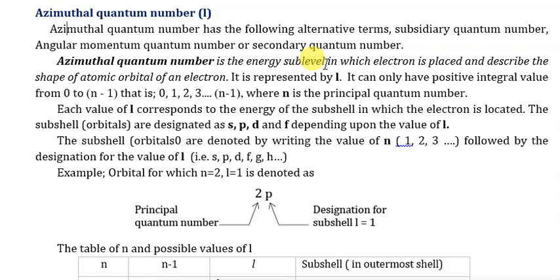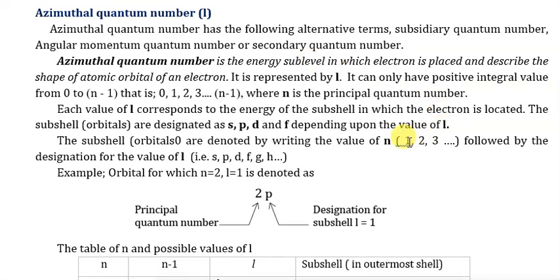So tuna energy level, principal energy level kwenye principal quantum number. Tunapokuja kwenye azimuthal quantum number yenyewe tunakuwa tuna energy sublevel. Kwa hiyo tunapokuwa tuna shell, kwa mfano shell ya kwanza yenyewe inakuwa na energy sublevel 1. Shell ya pili inakuwa na energy sublevel 2. Shell ya tatu inakuwa na energy sublevel 3.